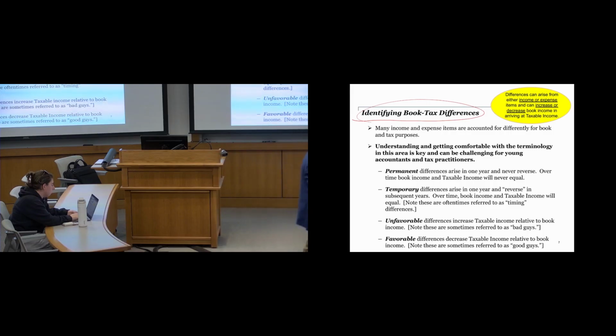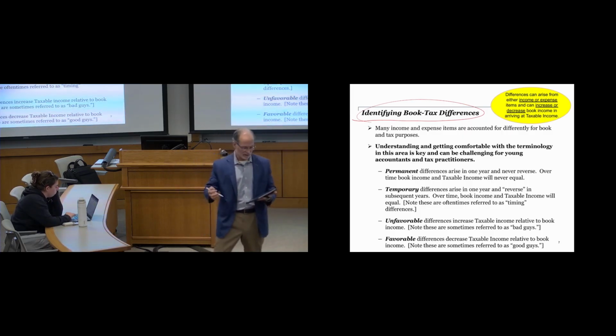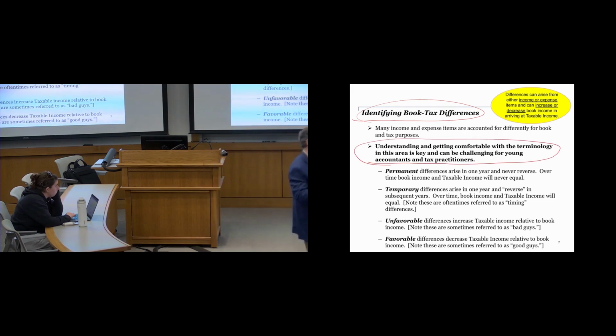So we're going to work through item by item to go through those different line items and try to identify where we might have a book tax difference. Okay, I can't stress this part any more than putting it in bold, and maybe I should have underlined it and put it in red font as well.